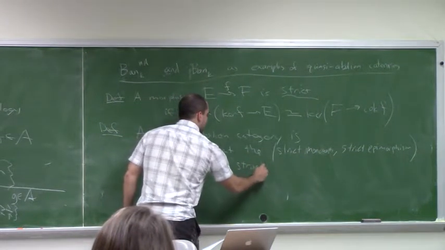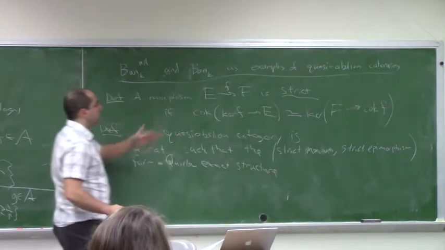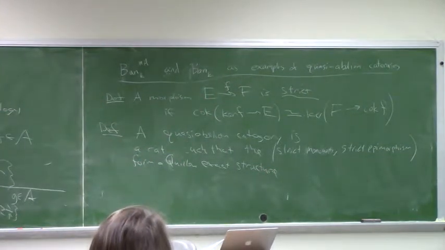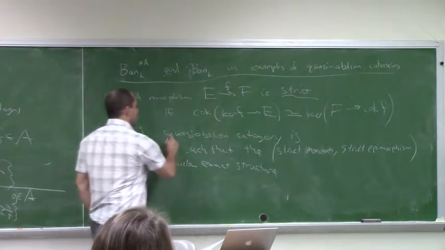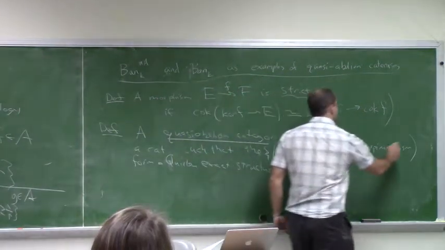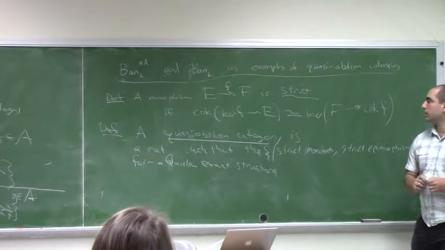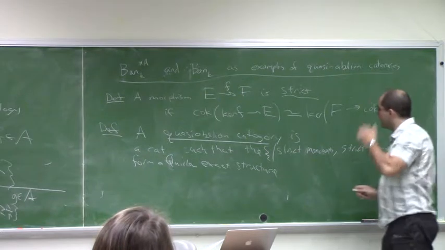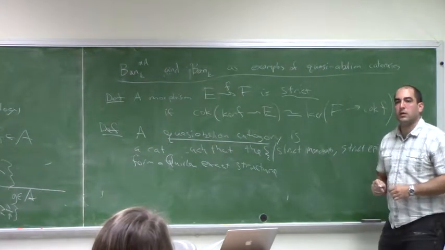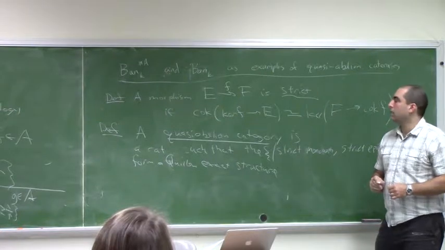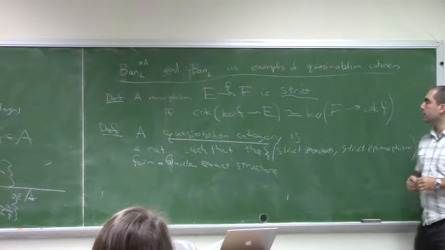But it's somehow closer to the usual homological algebra than topology is, even though Quillen structures are a kind of generalization of topology. I'm sorry, Owen, I'm missing the verb in this sentence. The quasi-abelian category is a category such that these collections form a Quillen exact structure. And in your definition of strict, do you just want them to be isomorphic, or do you want the natural map to be an isomorphism? I want the natural map to be an isomorphism.